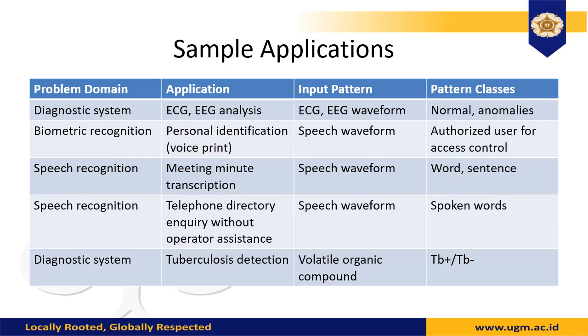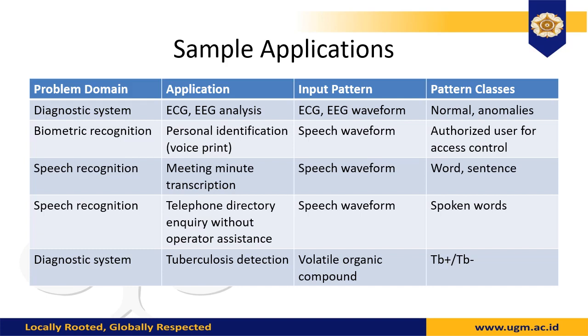Now, I will jump to the last example, which is tuberculosis detection. The input is taken from a person's sputum, which is coming from the person's mouth, and then the sample is heated in a closed room, a small compartment.